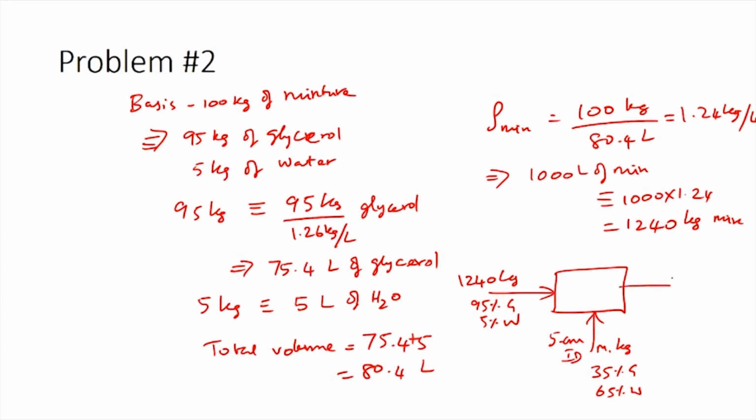So, the final flow stream is, let us call it M2 kilograms, and this contains 60% glycerol and the rest 40% is water.